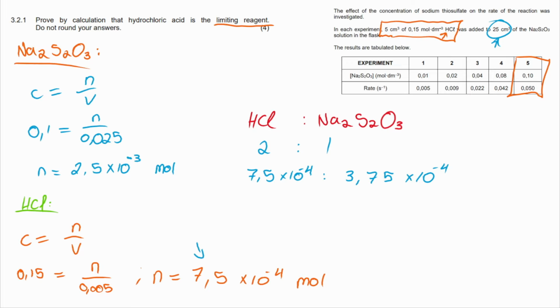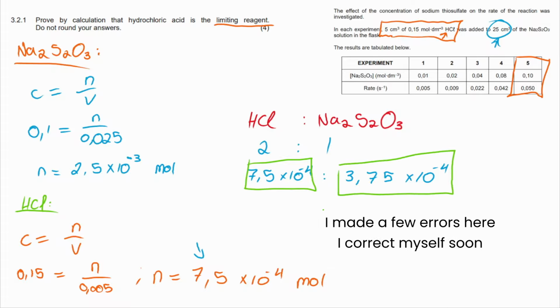This is our comparison now. This is what I have of hydrochloric acid. If I have that much, this is what I need of sodium thiosulfate. Now I have to compare to what I actually have of sodium thiosulfate. And what you'll see is I have less.